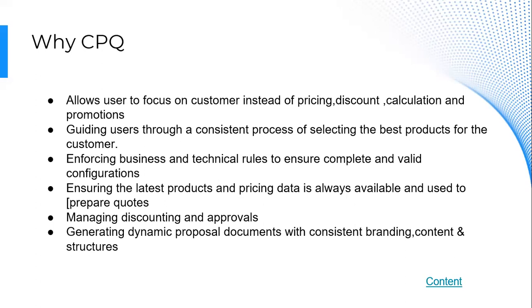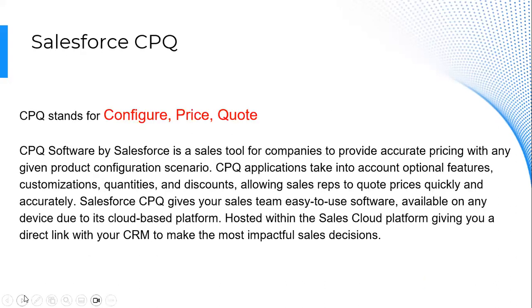But if we use the template from CPQ, all the documents generated by the sales reps will have consistent branding, content, and structure. So these are some basic reasons why businesses are opting for CPQ, or why you should recommend CPQ to your existing client or to a new customer who is already using a Salesforce org.